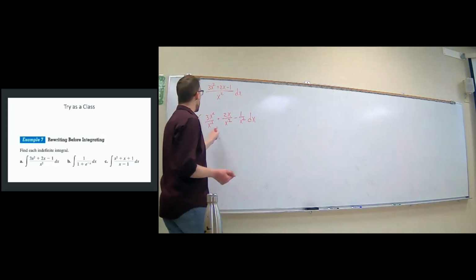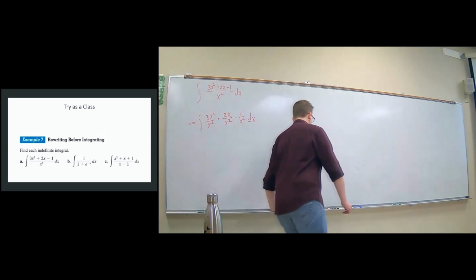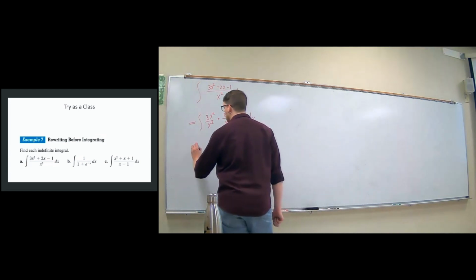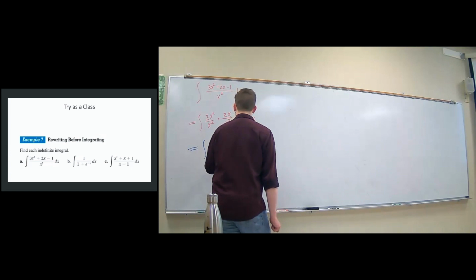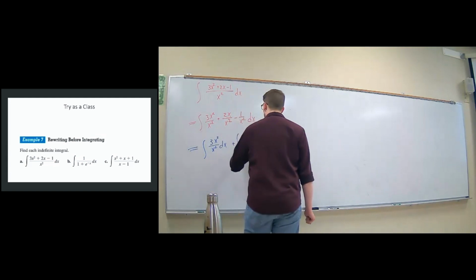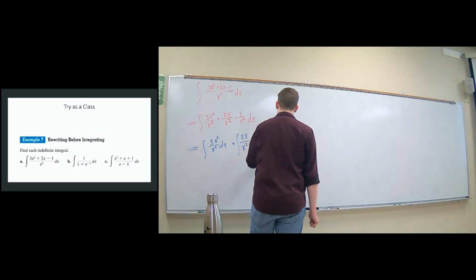That's the sum and difference rule, so from this point on, we're just going to apply sum and difference. This is equal to the integral of 3x squared over x squared dx plus the integral of 2x over x squared dx minus the integral of 1 over x squared dx.